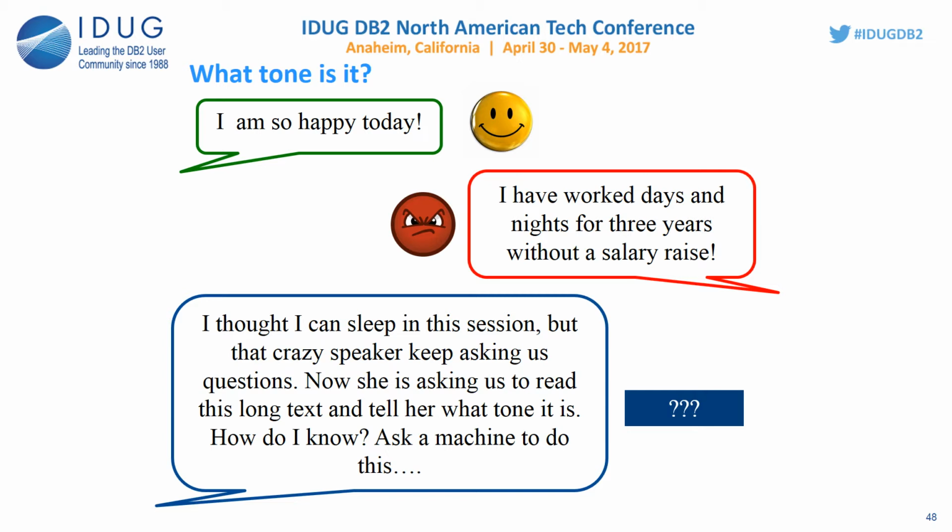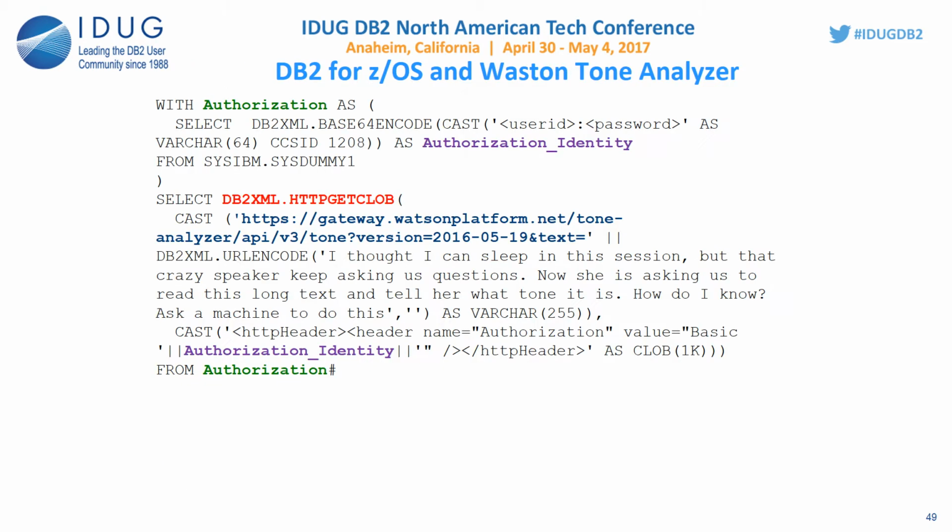So let's see how we can do this, okay? In a single SQL statement, okay? A single SQL statement without any fine print. Okay, so a little bit about the prerequisites. In order to run this SQL statement, you need to create an account in Bluemix for Watson.